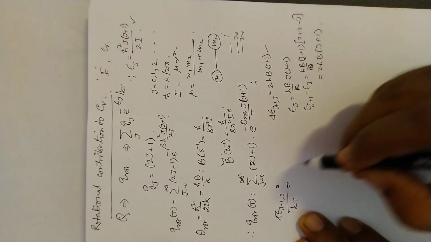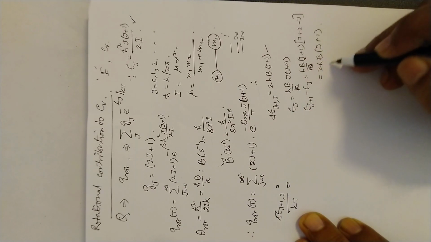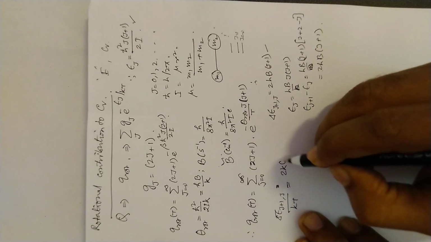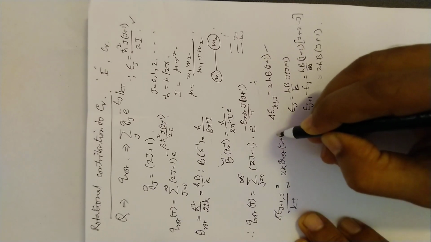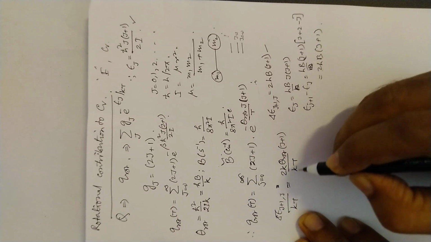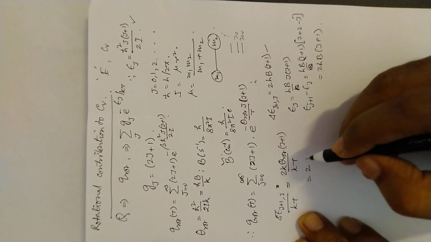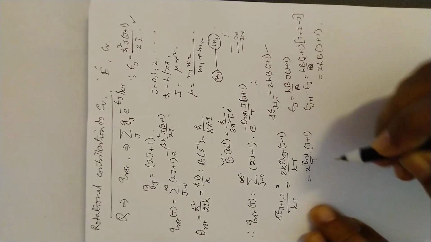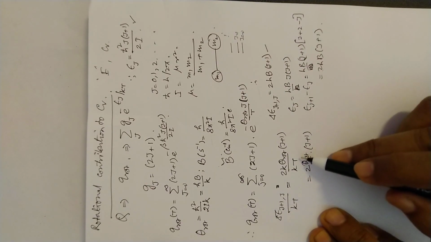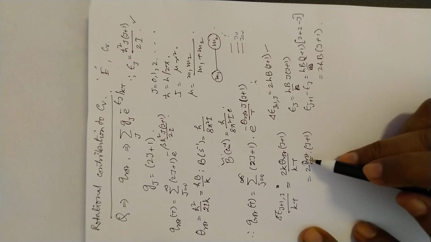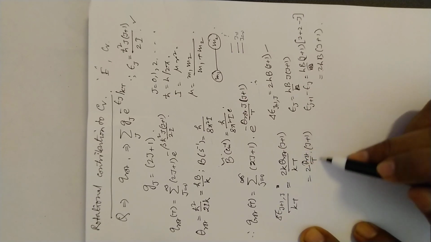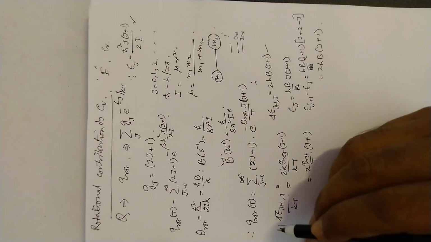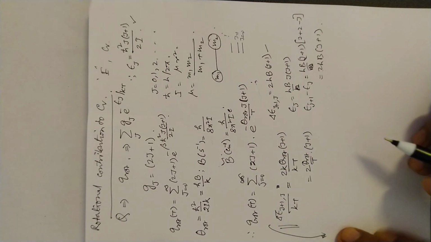You can multiply by k, so hB by k becomes theta rotational, so that is twice k theta rotational (j plus 1) divided by kT, which is essentially twice theta rotational by T times (j plus 1). So you can see, at a given temperature, theta rotational is a characteristic of a diatomic molecule. Given that, if this ratio is very small, then you can convert this summation into an integration.